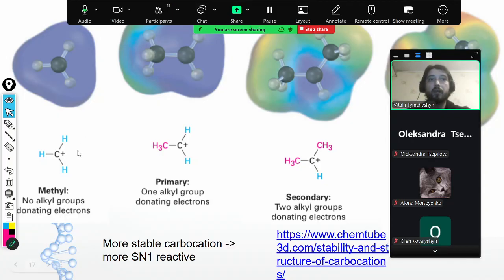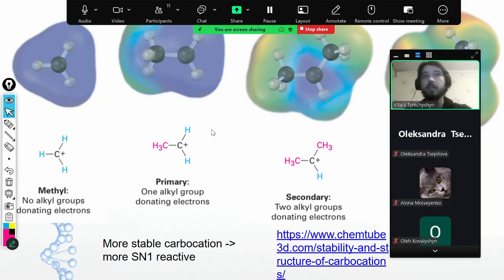So here's what we have. The stability is defined by how well you can stabilize that positive charge. These molecules don't like having a lot of charge in one place. If it is concentrated, you probably get something unstable. So the more you are able to delocalize the positive charge that you get after the leaving group leaves, the more stable the thing you get.